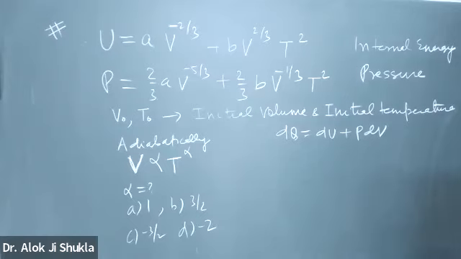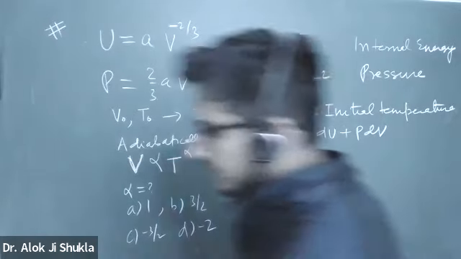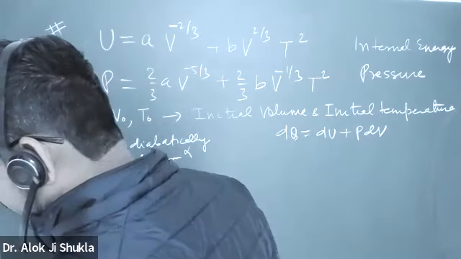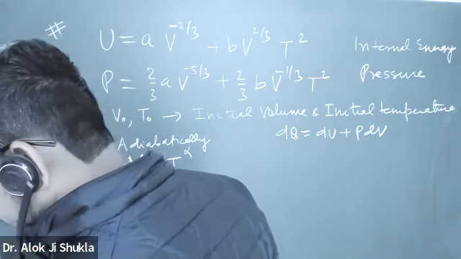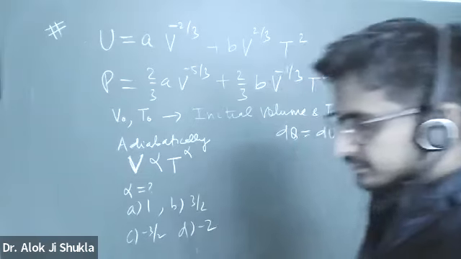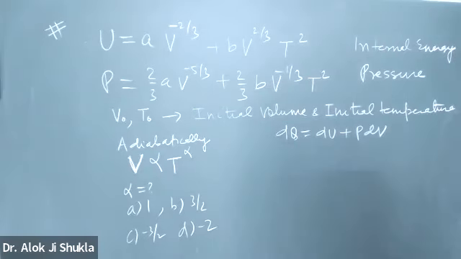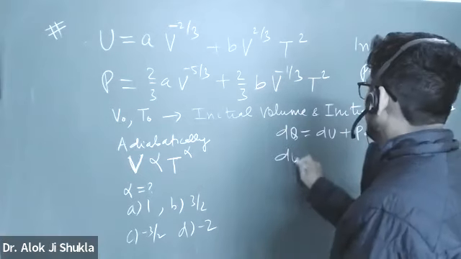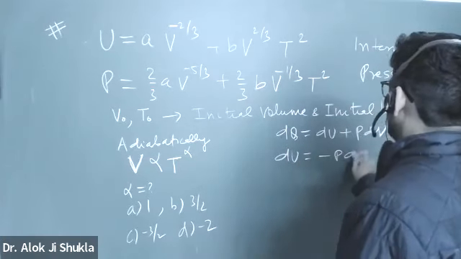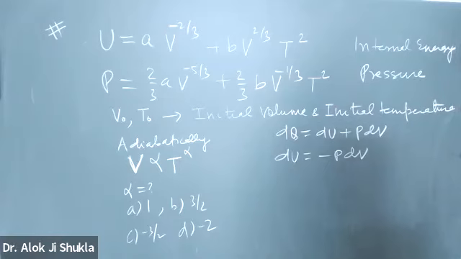And for an adiabatic process, we have to calculate what is going to happen. So for an adiabatic process, du will become minus p dv. Yes or no?